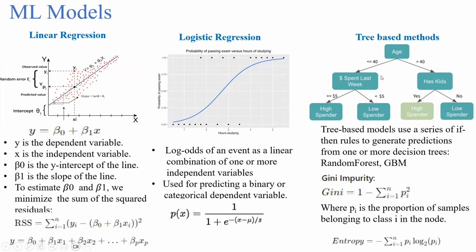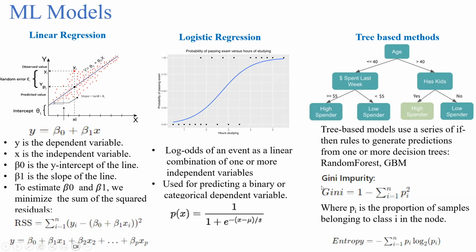Now, another very popular model is the tree-based model. There we have if and else statements. For example, age of a person more than 40 or less than 40, how much money is spent, more than $5, less than $5, has kids or not, and so on. Based on these decisions, we can make a tree and if-then rules to generate predictions from one or more decision trees, such as random forest and gradient boosting.